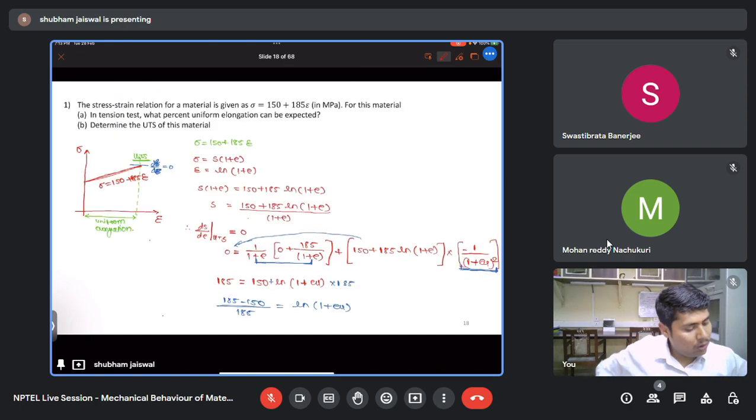Now the B part. They have asked, determine the UTS of this material. Now you have this equation and you know the value of eU. Put the value of eU in this equation and tell me the ultimate tensile strength.